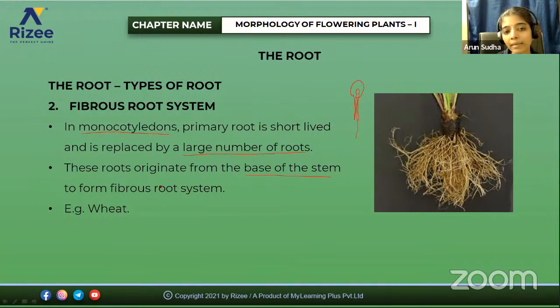There it is originating mainly from the radicle, but here they originate from the base of the stem. Example is wheat. So wheat shows a fibrous root system, and this type of root system exists in monocots.